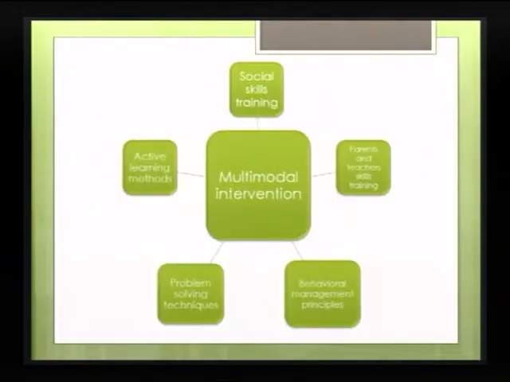So, what kind of treatment? As you already know, the best treatment is multimodal interventions, and it includes social skills training, parent and teachers skills training, behavioral management principles, problem-solving techniques, and also active learning methods.